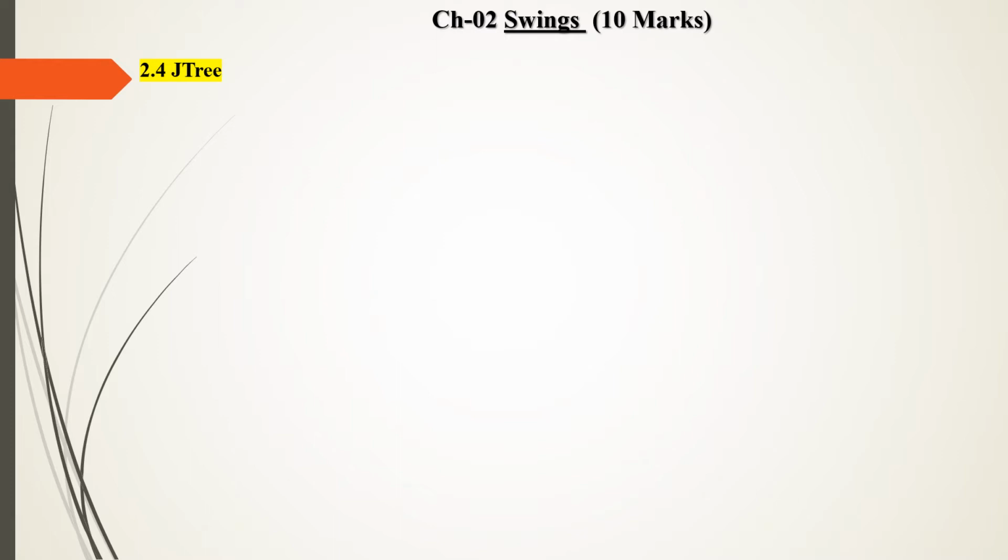First we see the JTree component. The JTree class is used to display tree structure data or hierarchical data. So JTree is one class in the Swing package which provides structured data or hierarchical data.